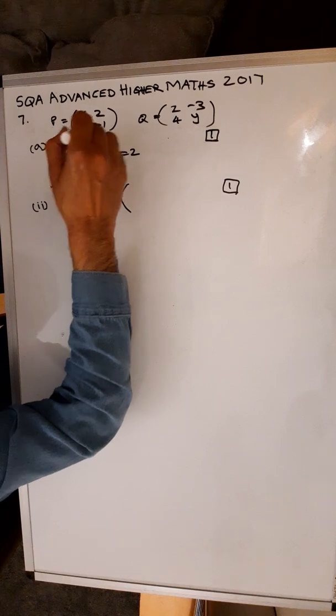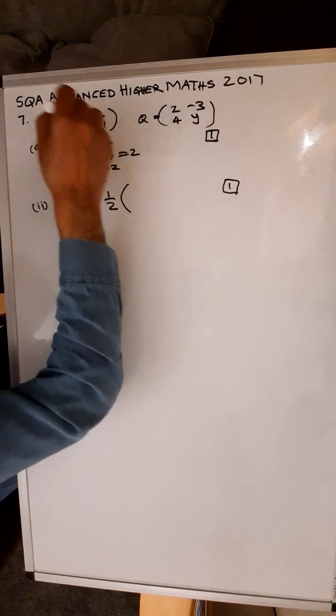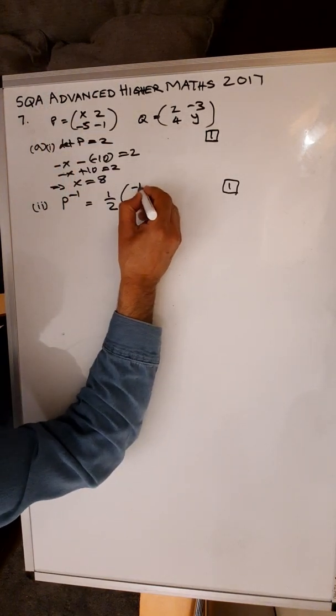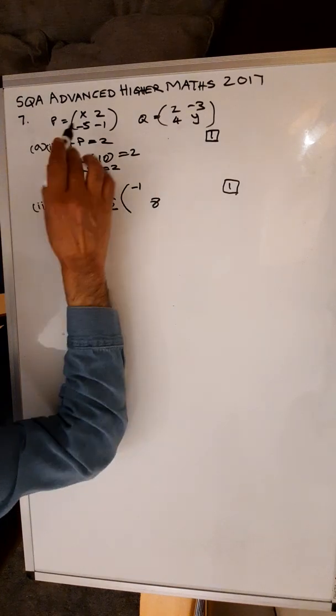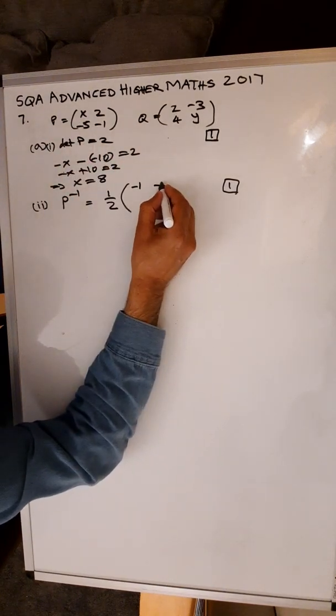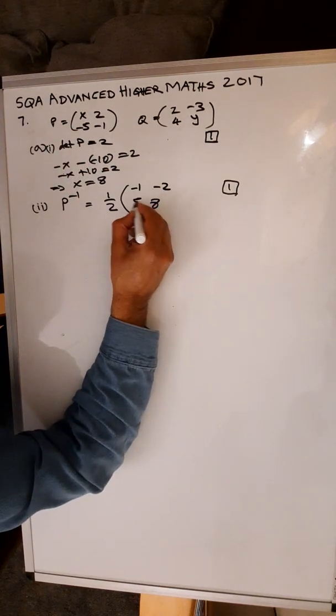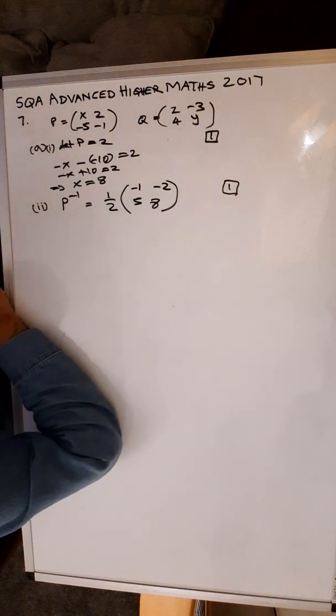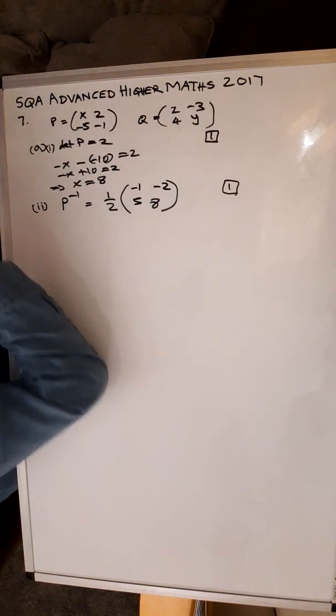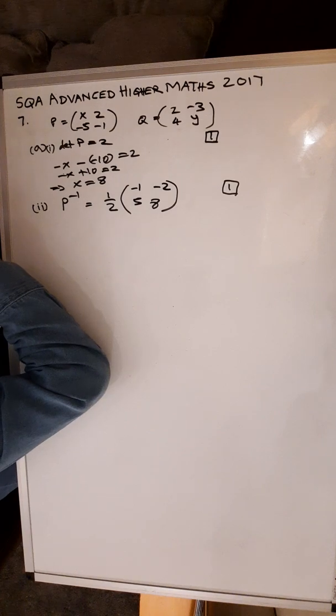You know that x is 8, so you swap these around. So the minus 1 goes there, the 8 goes there, and you change the sign on these. So minus 2, 5. That's the inverse of P. That's for 1 mark.